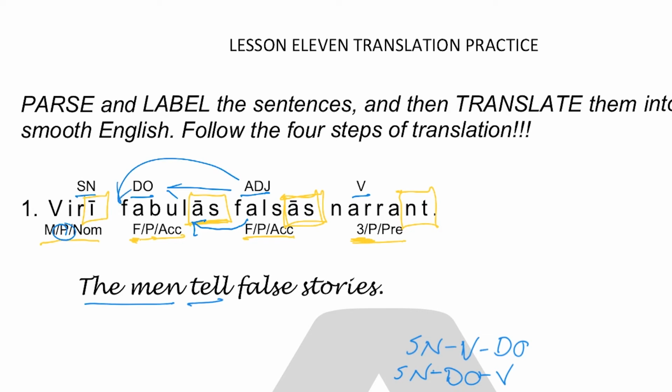So the men tell false stories. So not only did we move our direct object to be after the verb, but we also moved our adjective to come in front of our direct object. All of that's a part of translating into smooth English. So this sentence: the men tell false stories. And I know the order to put those words in because I parsed and labeled all the words.